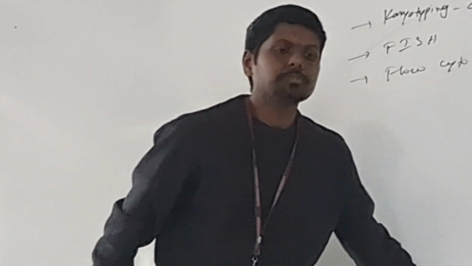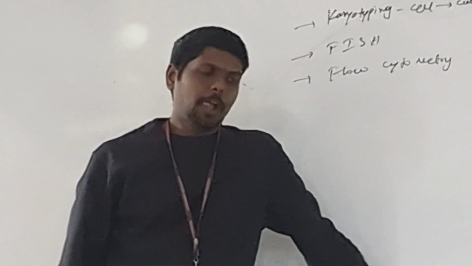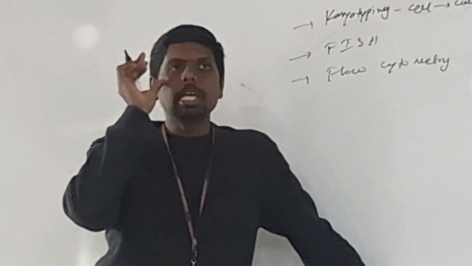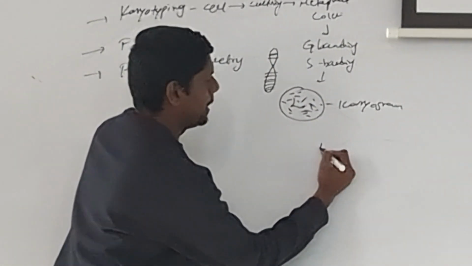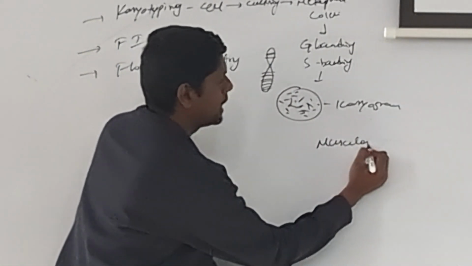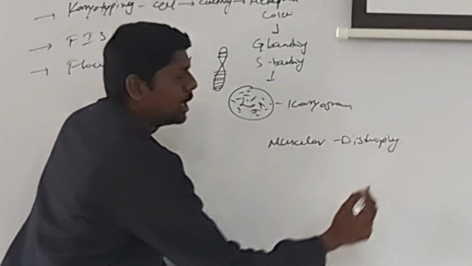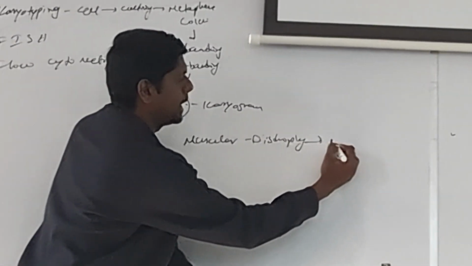Now, the next one was the Philadelphia chromosome, or maybe there is a mutation in a chromosome. So let us take a mutation for muscular dystrophy. We know that muscular dystrophy is caused by a mutation.